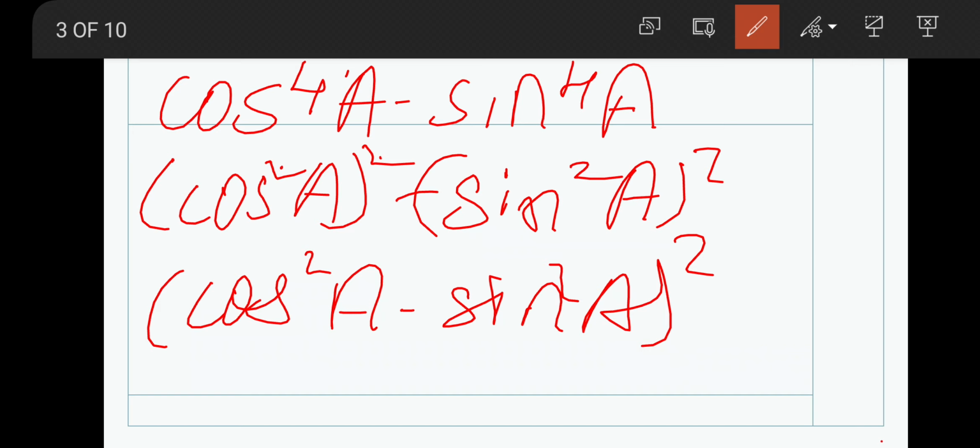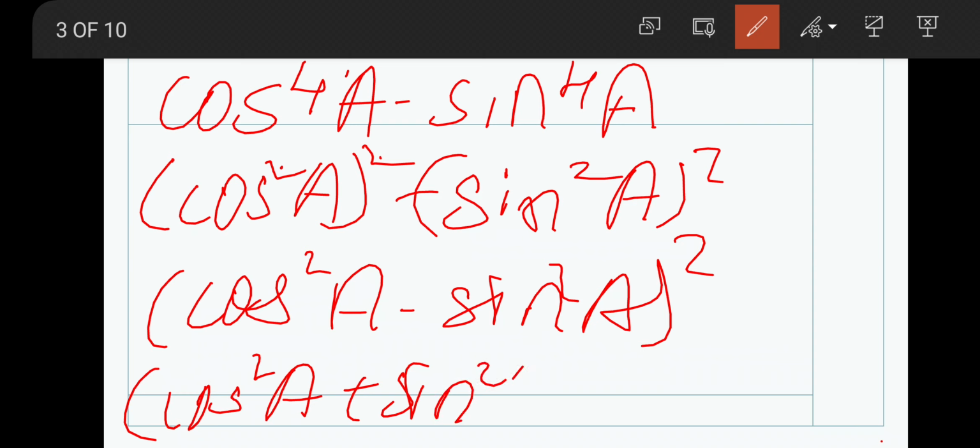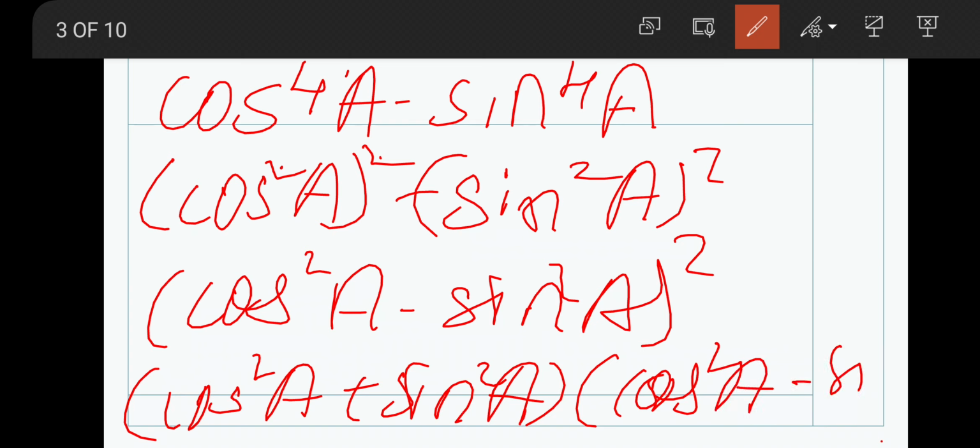Is this the same for both of them? Yeah. So isn't it looking like a minus b whole square? What's the formula for a minus b whole square? It is a plus b into a minus b. So I'm doing the same now: cos square a plus sin square a into cos square a minus sin square a.